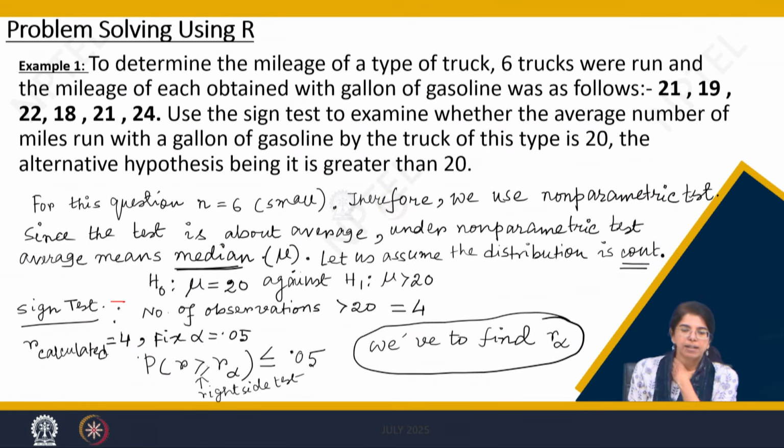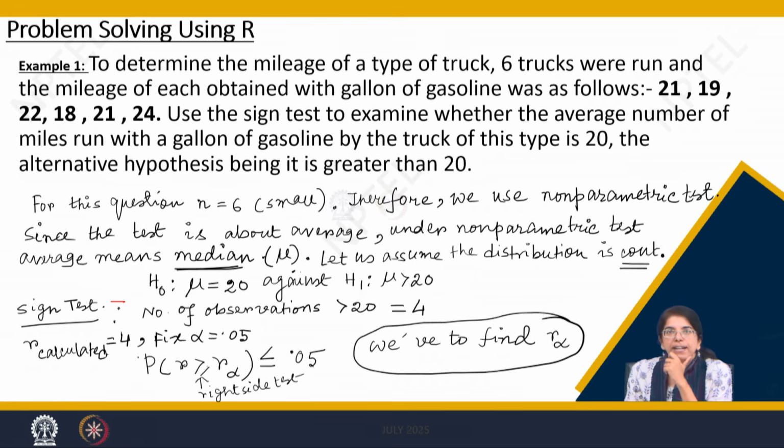Now, let us have a quick problem solving session, and I hope that this problem solving session will boost your interest in doing a sign test. Okay, let us read that problem. What does it say?